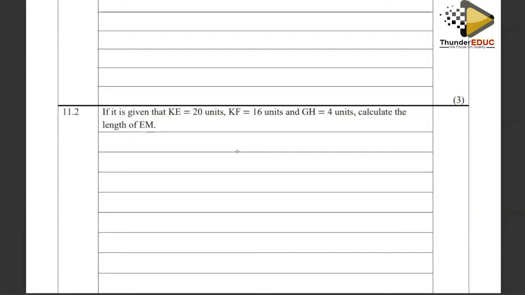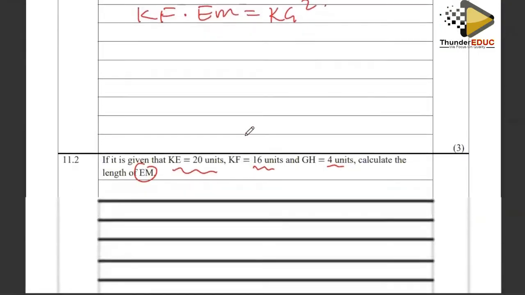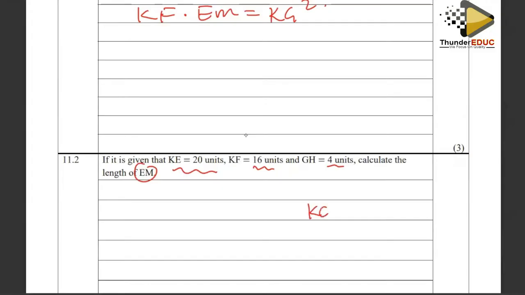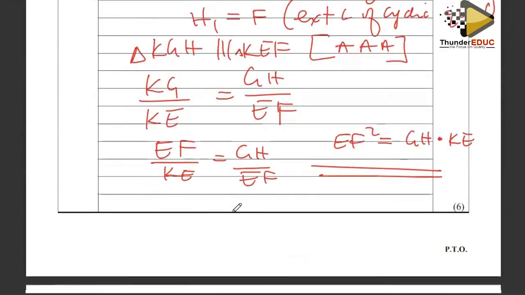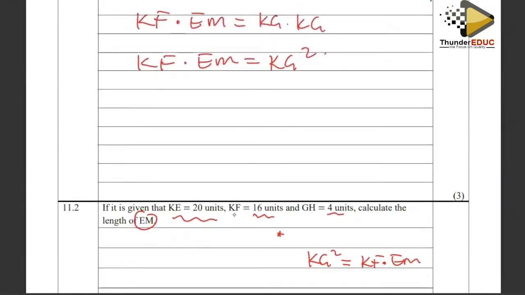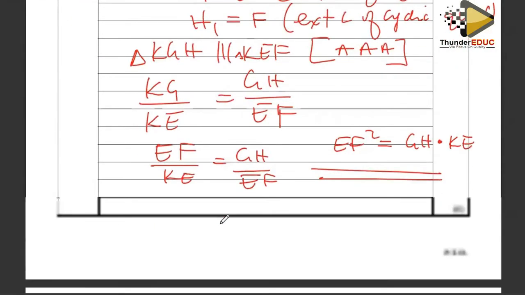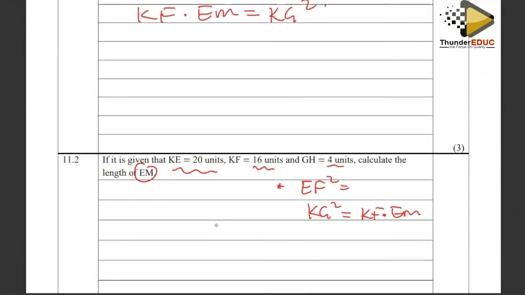If the length of KE is 20, KF is 16, and GH is 4, calculate the length of EM. Now remember, the previous two questions gave us two formulas. The first formula, or rather the last one, was KG squared is equal to KF times EM. And then the first one was telling us that EF squared is the same as GH and KE.